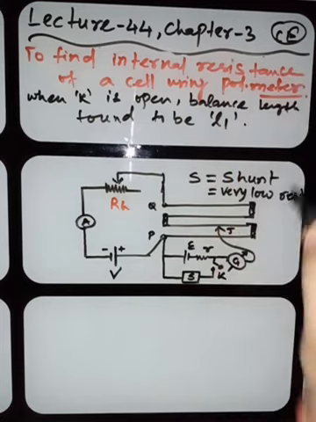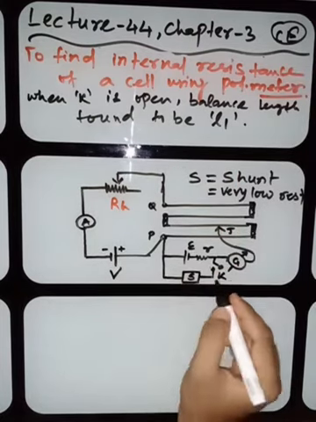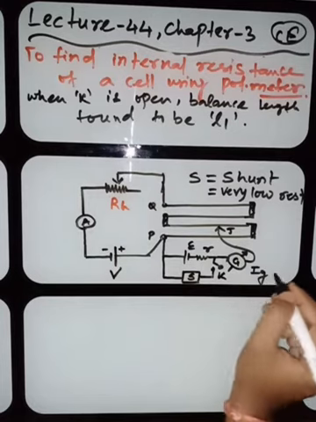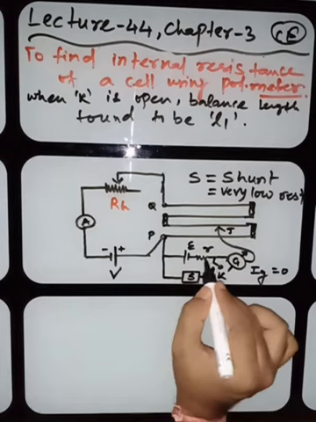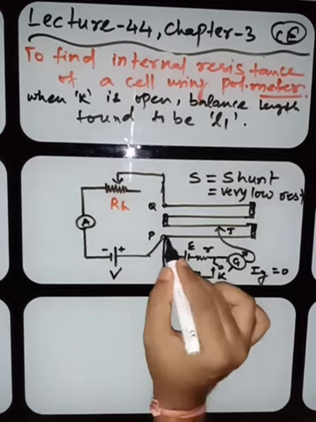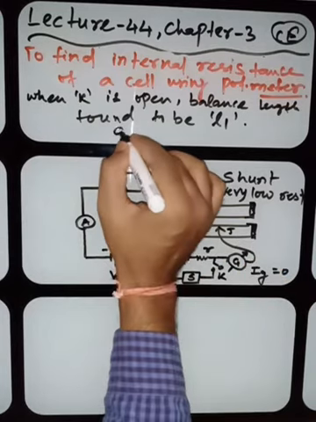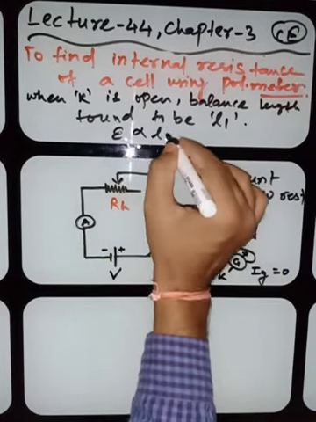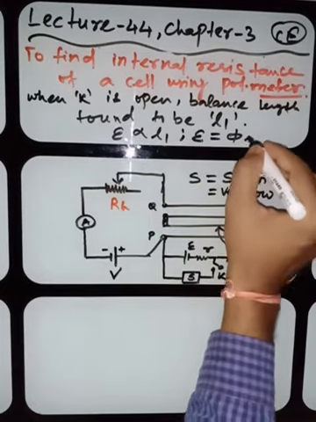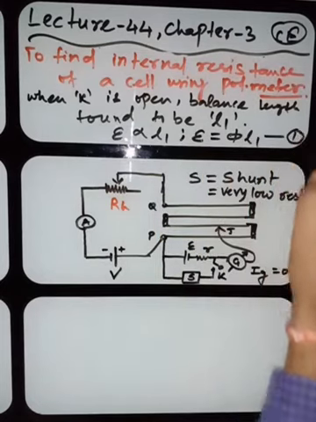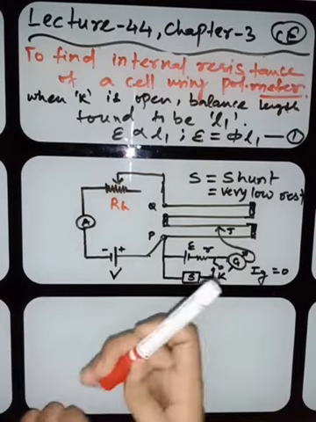All right, balance length is L1. What will we write? When I g will be 0, you can see the potential, since current will not flow from here, so the total length is L1, and this total length will give you E directly proportional to L1, or E equals phi L1, equation 1. Okay, I don't think there will be any doubt.